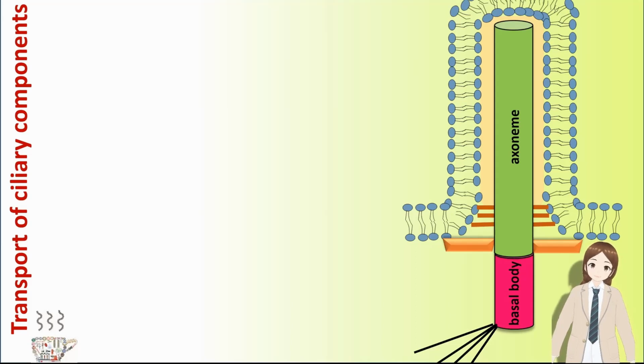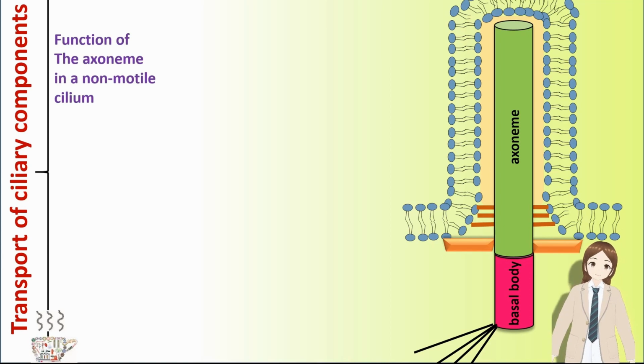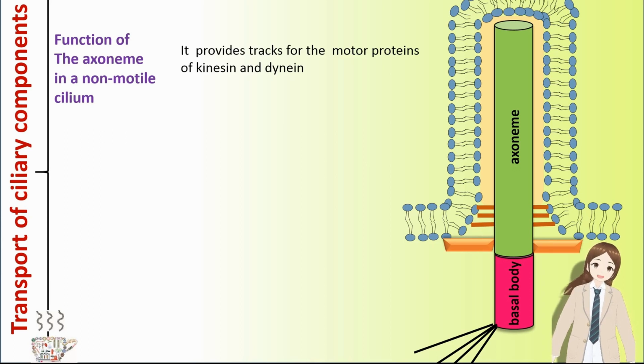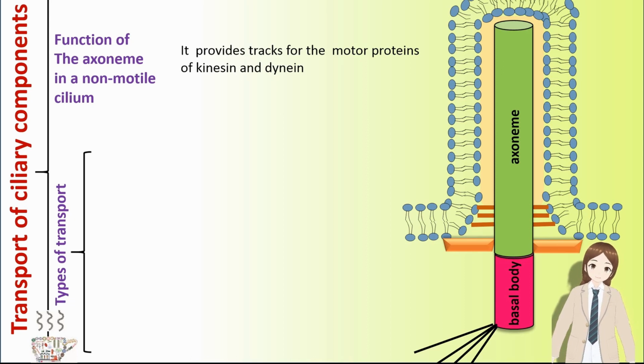Transport of ciliary components. Function of the axoneme in a non-motile cilium: it provides tracks for the motor proteins kinesin and dynein. Types of transport. Transport of ciliary components can be divided into two groups.